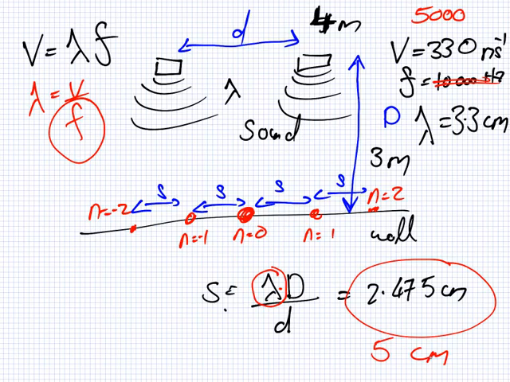So you have constructive if they add together, and then if a trough meets a peak, that's destructive. They cancel. Trough meets a trough, it means you have a very low trough, and if a peak meets a peak, it's a very high peak. If a peak meets a trough, they cancel. Peak meets a peak, very high. And then a trough meets a trough, very low.